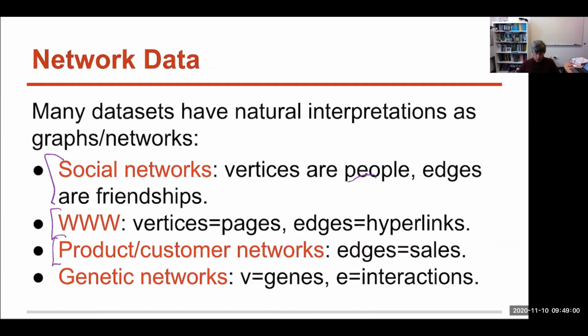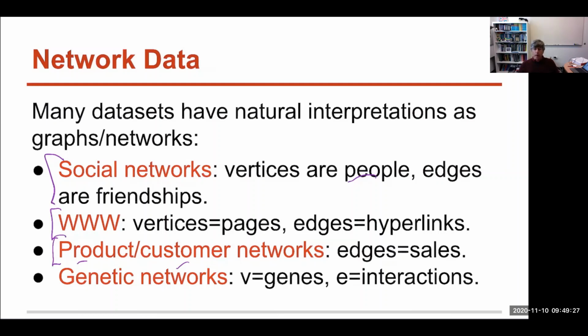There are networks that come up when you're dealing with product and sales data. You can imagine a vertex for every product and a vertex for every customer, and you can have an edge when customer I buys product J. This kind of network can be used for all kinds of things.